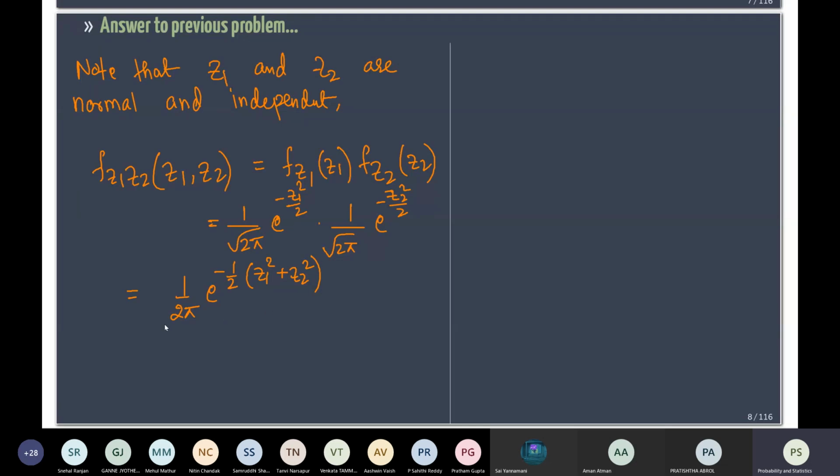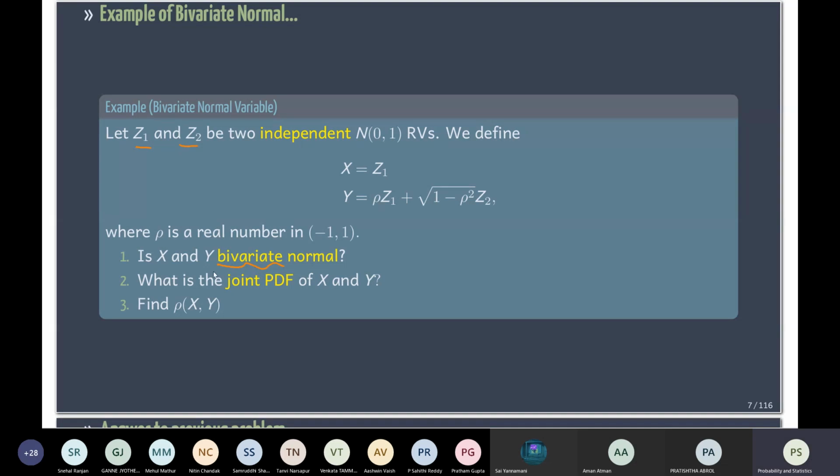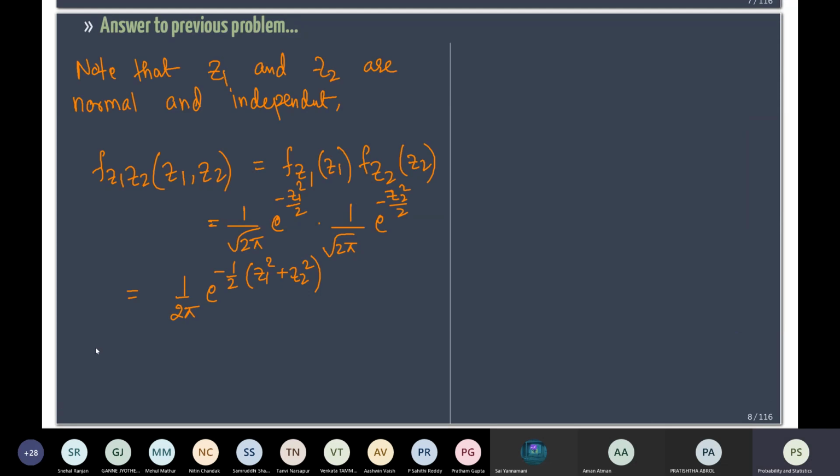Now we go back to our question: is X and Y bivariate normal? We have to take the linear combination of X and Y, AX plus BY. So we need to show that AX plus BY is normal for all A, B in R. This is what we are supposed to show.